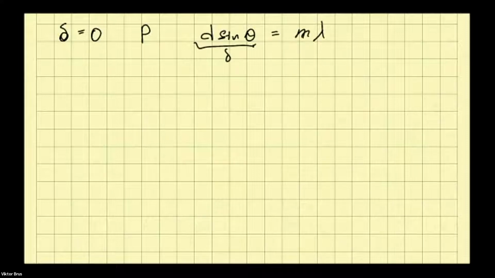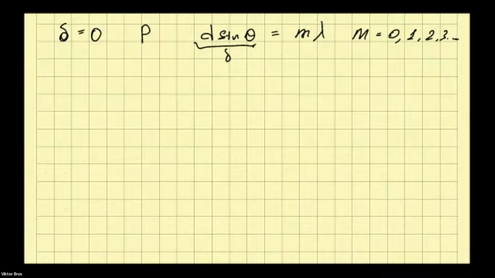And this m is some integer, like 0, or starting from 1, 2, 3, and so on. So if this condition is satisfied, because of this path difference, waves will come in phase and constructive interference will be observed.